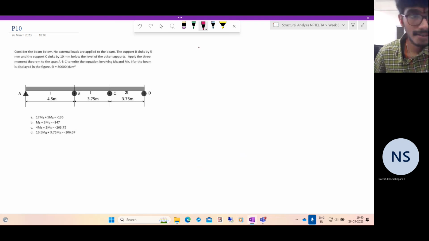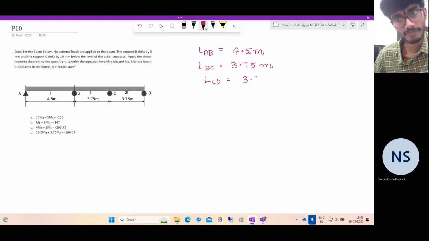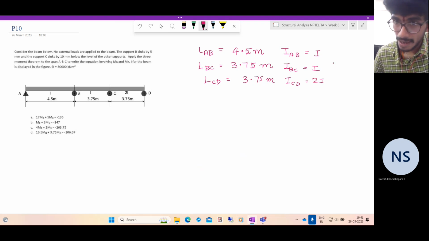What is LAB? LAB is 4.5. LBC is 3.75 meters. LCD is 3.75 meters. IAB is I, IBC is I, ICD is 2I, and E is just E for all the spans.